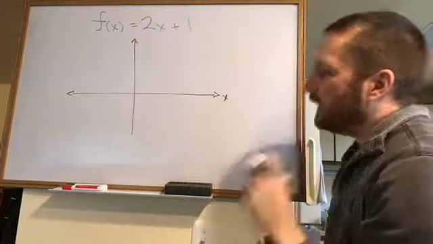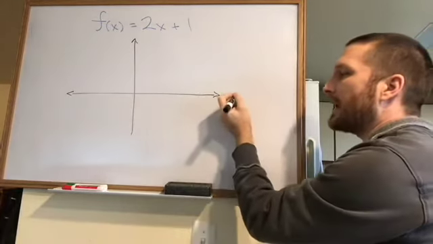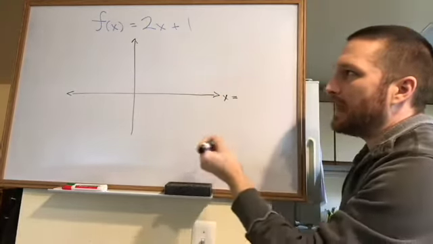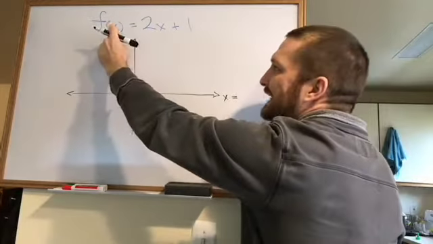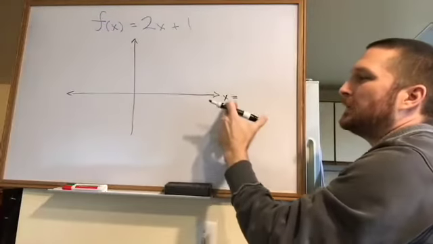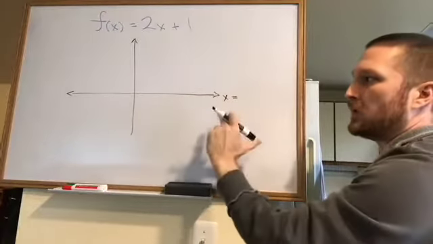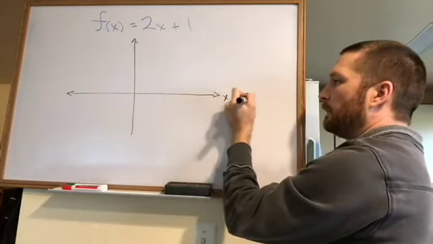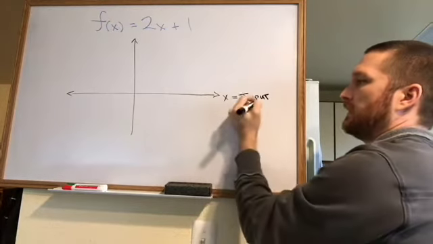And in fact, it doesn't matter that I used x. I could have used t. I could have said f of t is equal to 2t plus 1 or whatever. But I happen to use x. In every case, it doesn't matter what letter I use. This is always the input axis right there.